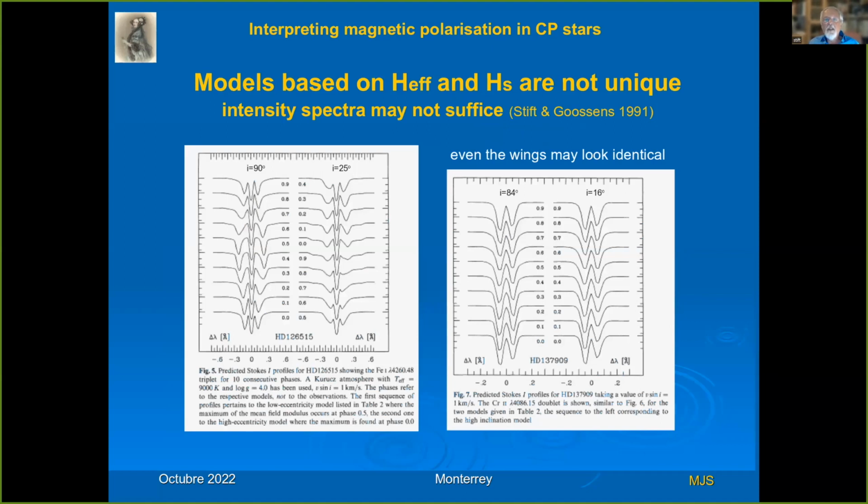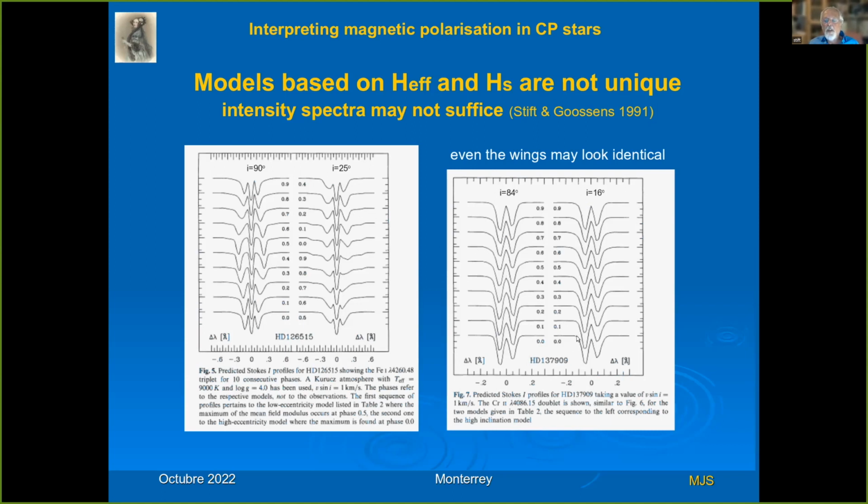These models are not unique, so intensity spectra might not suffice, as I showed already in 1991 together with Marcel Goossens. And if you look at different models that give the same good fit to HS and HF, the intensity spectra, especially the wings, often can help to identify the right model.